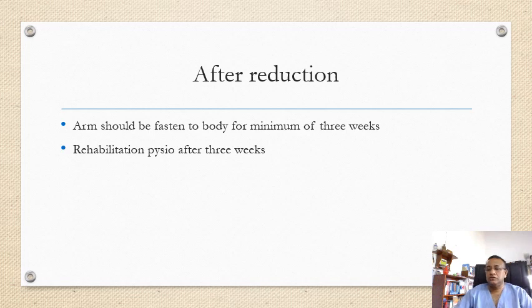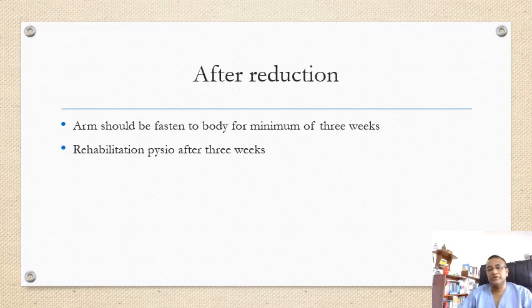Then now you have reduced the joint. Then what you have to do? You have to fasten the joint to the body, strap it, and it should be kept for 3 weeks. So you have to appreciate if there is any neurovascular deficit, and then you have to confirm your relocation by a radiograph and keep it immobilized for 3 weeks.